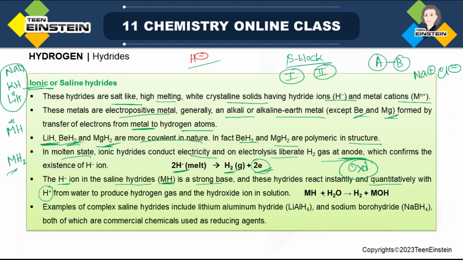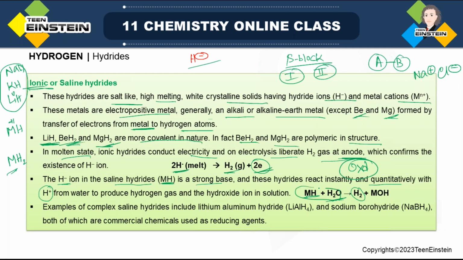So see the equation. Suppose you have taken NaH, it may be KH, it may be NaH. You are treating it with water. It is a very vigorous reaction, so it should be done with proper caution. MH reacting with H2O, it is taking the positive part of water, that is H plus, and it is forming hydrogen gas.